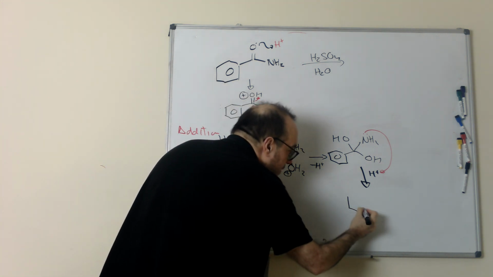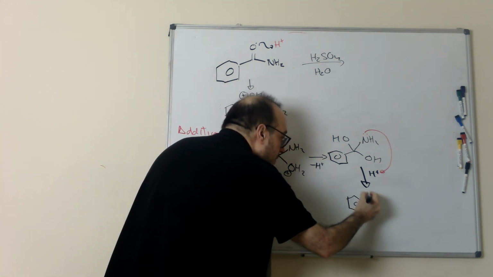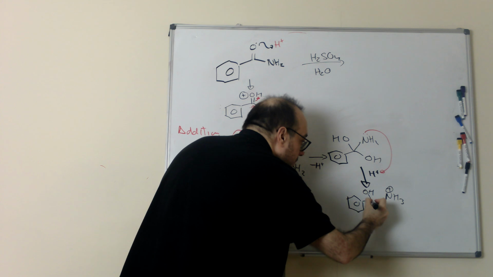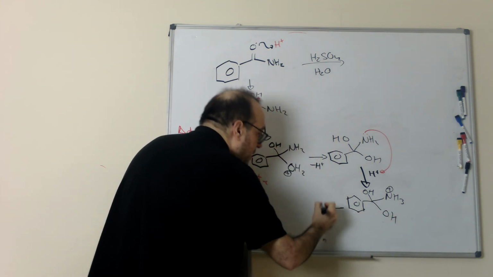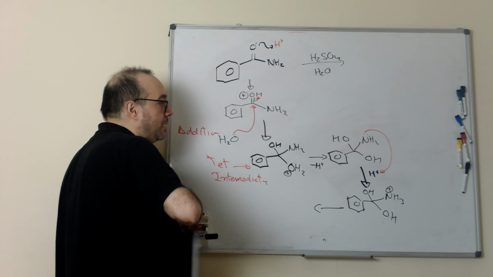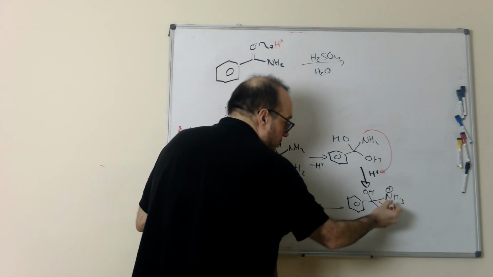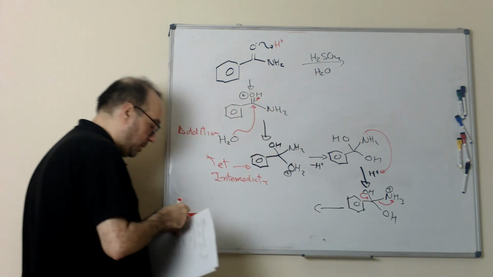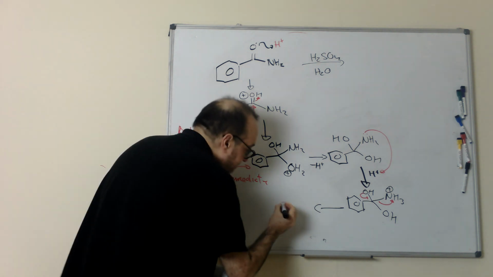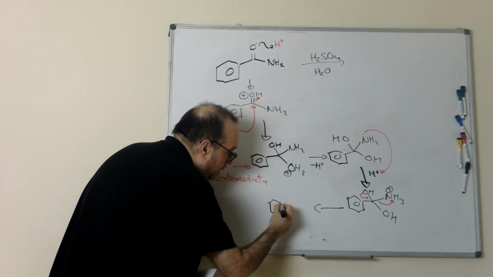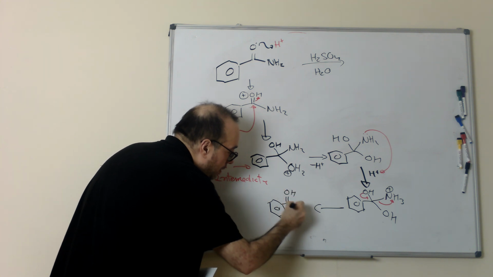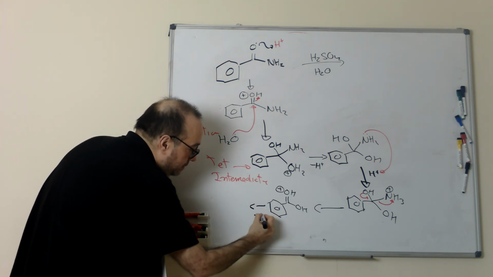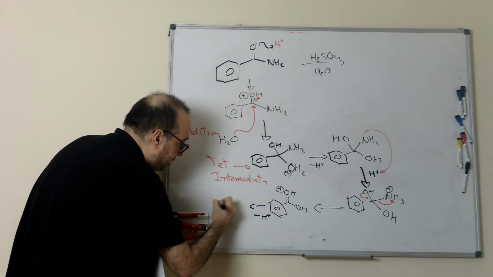And what we have is this intermediate. Now this is ammonia, that is a very good leaving group. This is leaving. We regenerate the carbon-oxygen double bond. Okay, and then we lose a proton to get the final carboxylic acid.